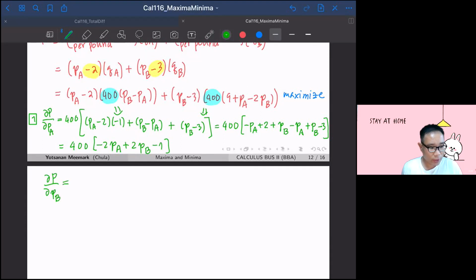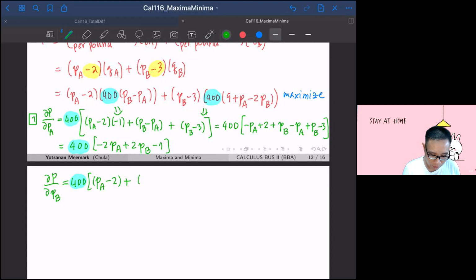For this one, you're going to do the same thing. So you have 400 outside. For the first term, you don't have PB, so it's going to be PA minus 2, and you're going to have the derivative of the second term.